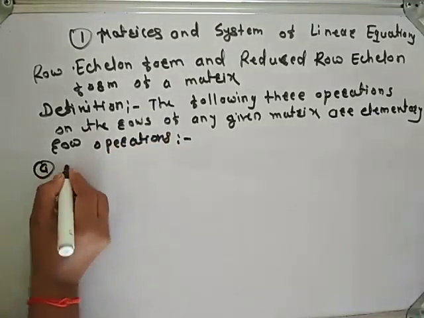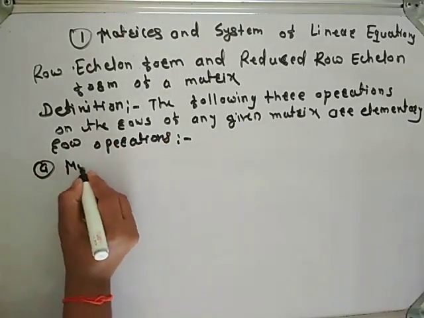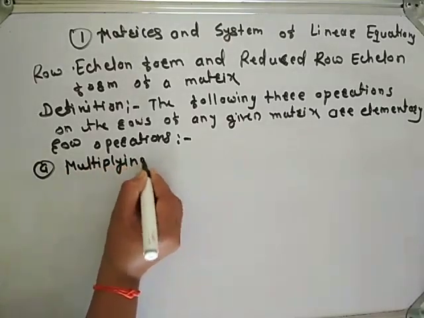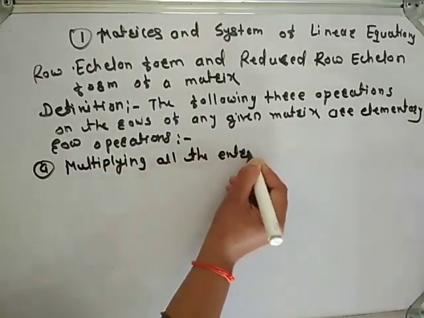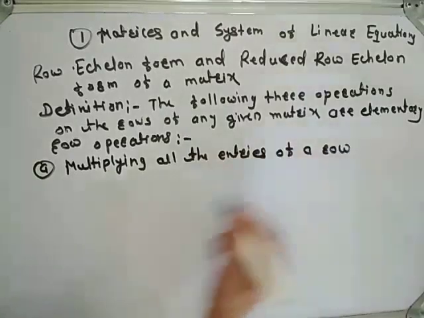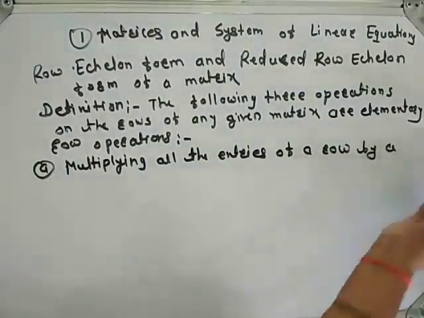First is multiplying all the entries of a row by a non-zero constant.